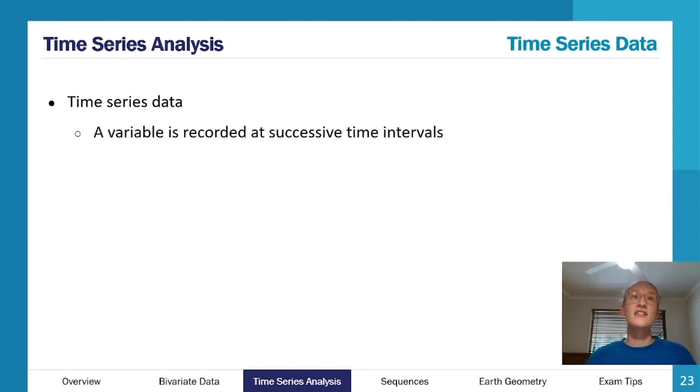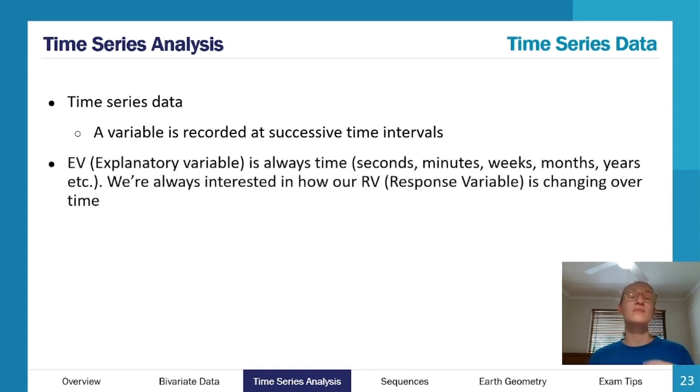The defining thing for time series data is that it's bivariate data where the explanatory variable is always some measure of time. So our second variable, the response variable, is recorded at successive time intervals. And then we can graph that on a time series plot and look at how it changes over time.